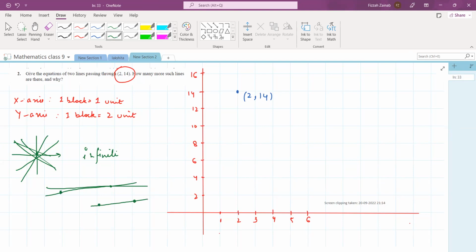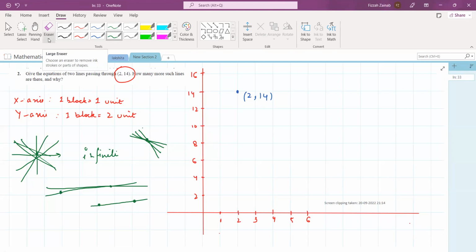But if the point is just a single point, you can draw as many lines as you wish, and obviously an infinite number of lines can be there. So first of all, an infinite number of lines can pass through this point. Understood?